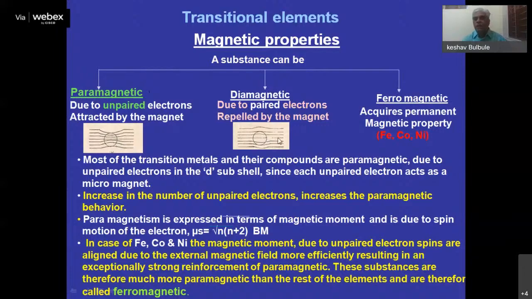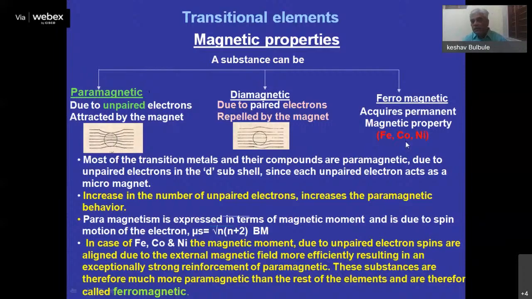But there is a special class of metals such as iron, cobalt, and nickel. These metals are popularly known as ferromagnetic because when such metals or their alloys are rubbed with another magnet only in one direction, the magnetic property of that magnet will be induced into such metals.